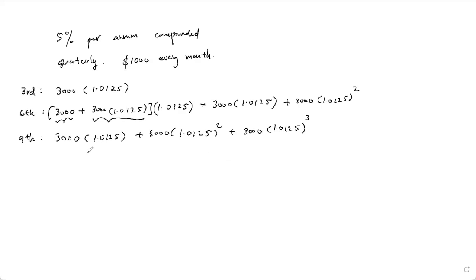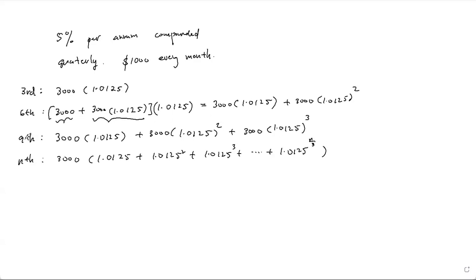So let's say I have the nth month. The nth month would be 3,000 times 1.0125 plus 1.0125 squared, 1.0125 cubed, all the way to 1.0125 to the power of n over 3.